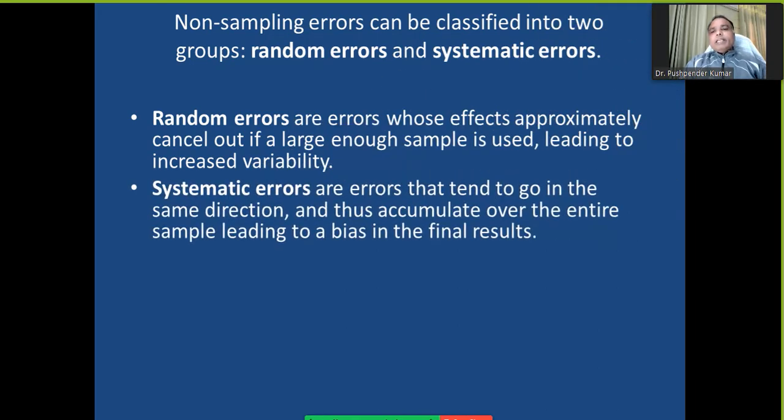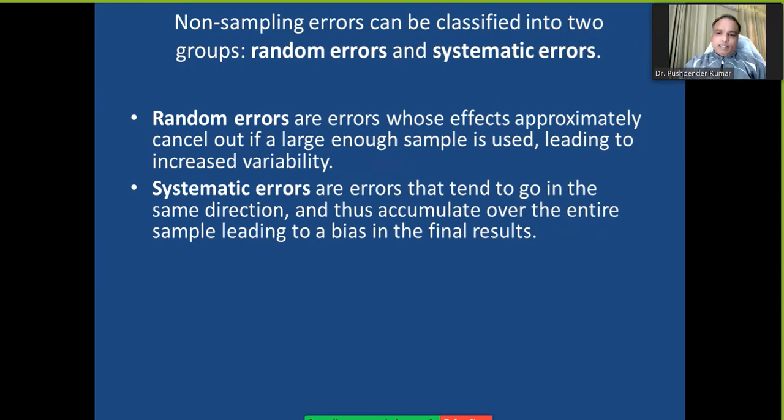But here you have another problem. Systematic errors are errors that tend to go in the same direction, and those accumulate over the entire sample, leading to a bias in the final result. Suppose you have asked a question in such a way that the answer would always be yes.